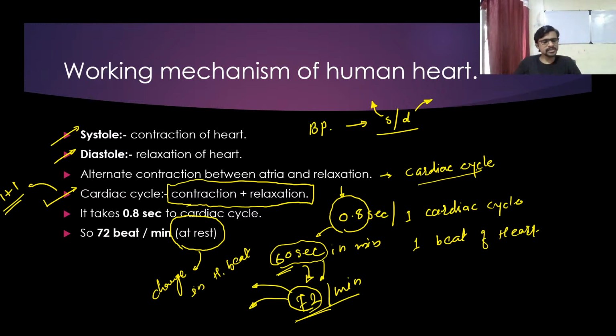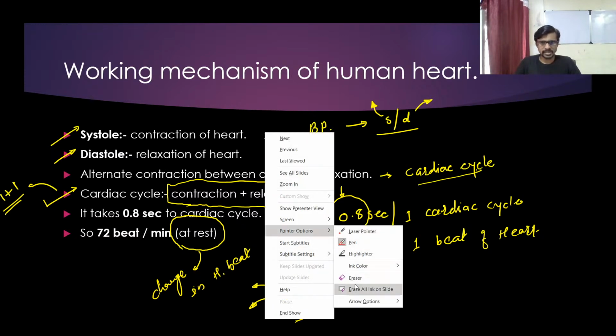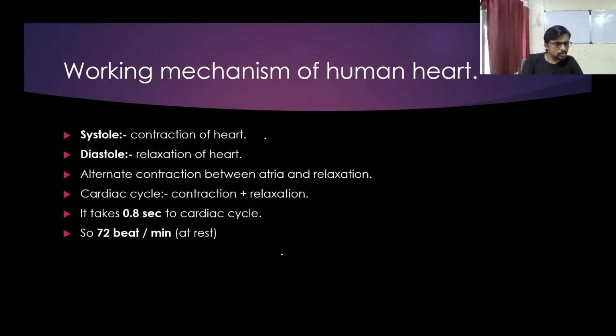Guys, we have one very good question: why is there a slight difference between male and female? Your friend is asking why there is a lower heartbeat in a male and a higher heartbeat in a female. There are many reasons.